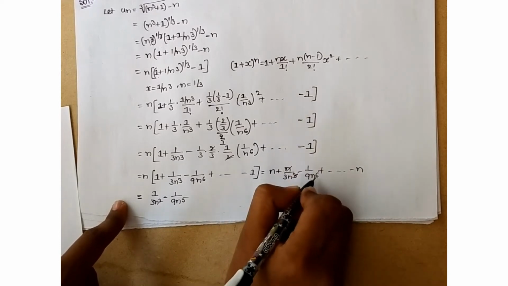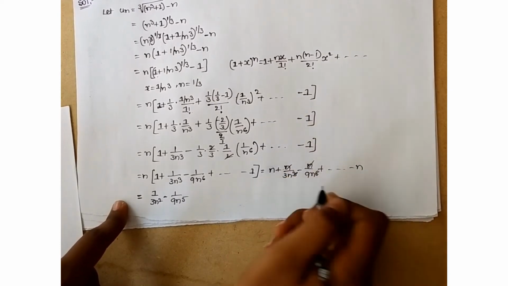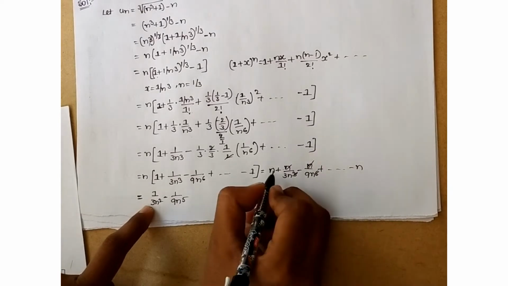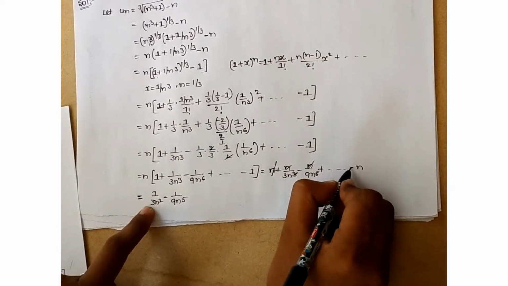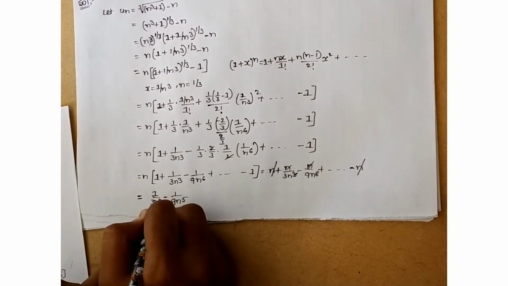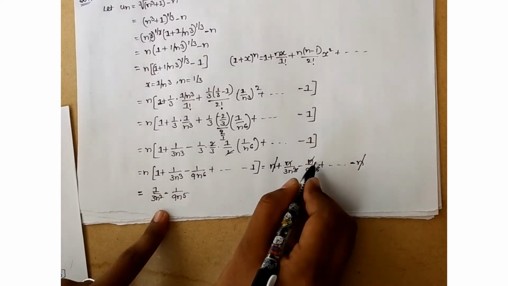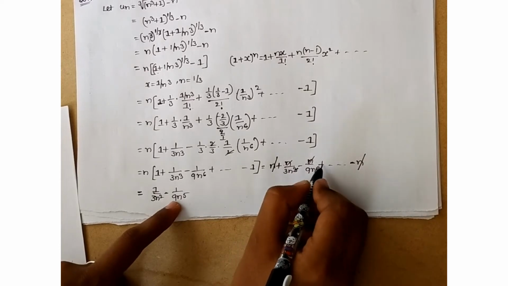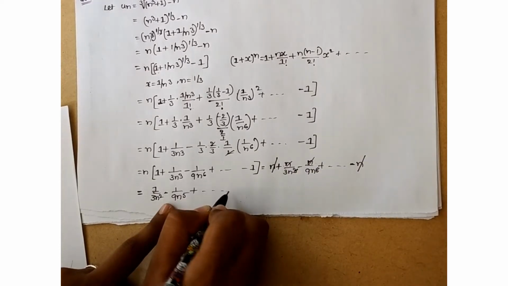Here the n cancels, and in the last, minus 1 was cancelled. Then we get 1 by 3n square minus 1 by 9n power 5 plus and so on.